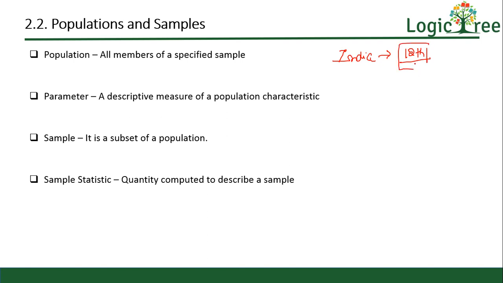So I want to find the average score obtained by the students in class 12th. This indicates my population, that is, my entire universe.